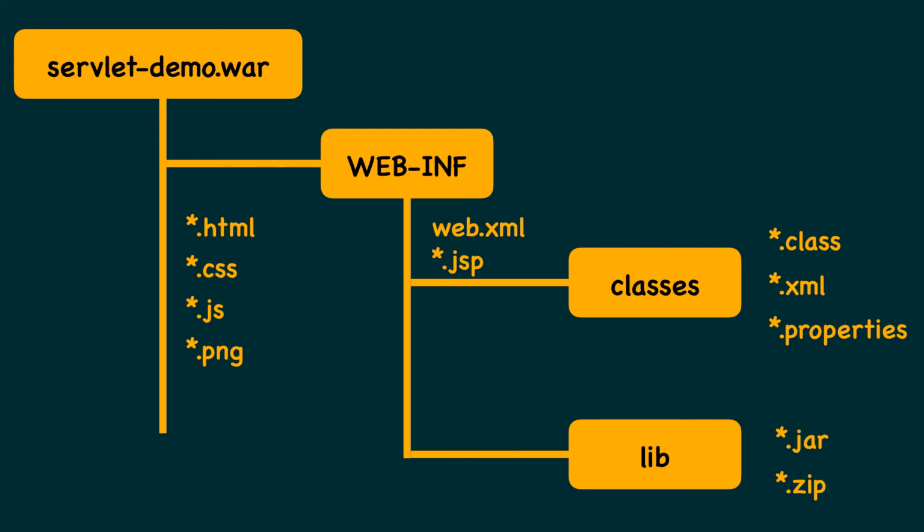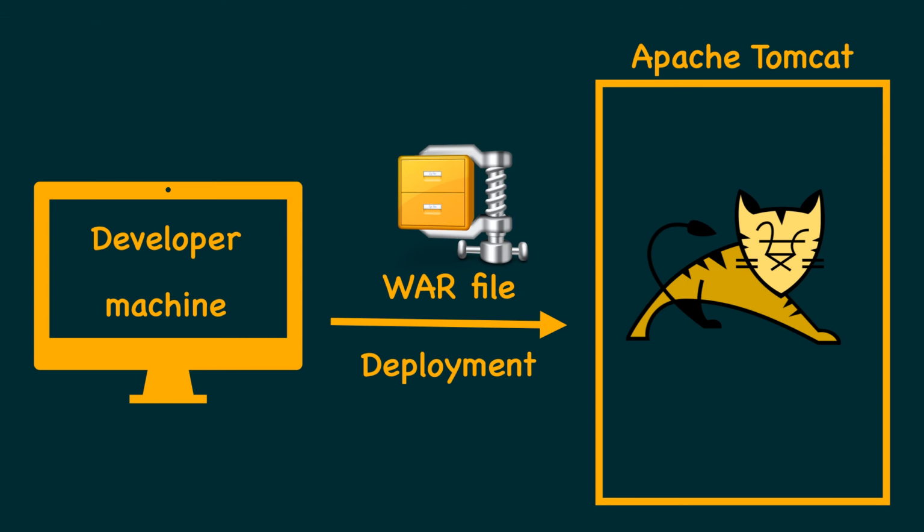But all these files exist in my computer, but we have to give them to a web container like Tomcat in a standard format, which is standardized by the Java Community Process. We call this a WAR file or a web archive. So it's nothing but a zip file that comprises all the files in a standard folder structure.